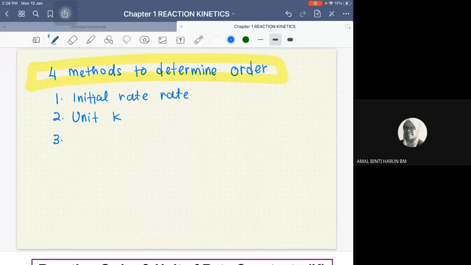Yang ketiga, lupa lah. Initial rate, unit K. 3 cara.